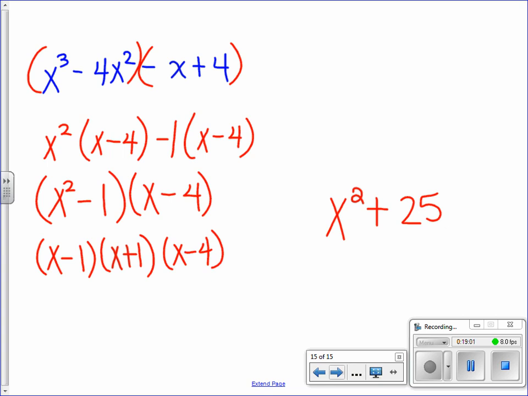That actually doesn't even factor over real numbers. That has an imaginary answer. Okay? If it was this, okay, yeah, x plus 5, x minus 5. This, no. So we just leave it like that. Alright, look at those pages that you tore out.